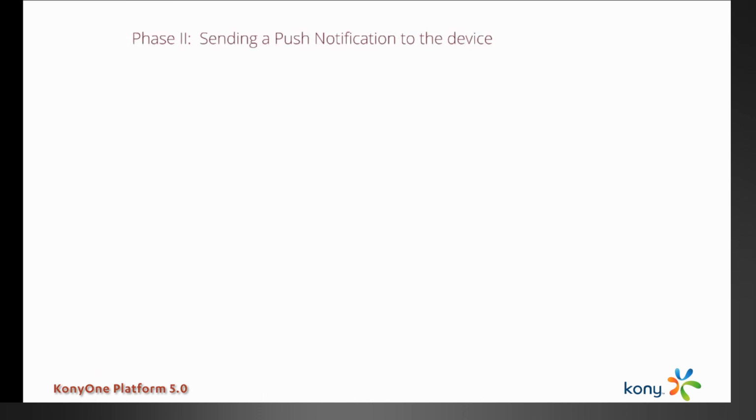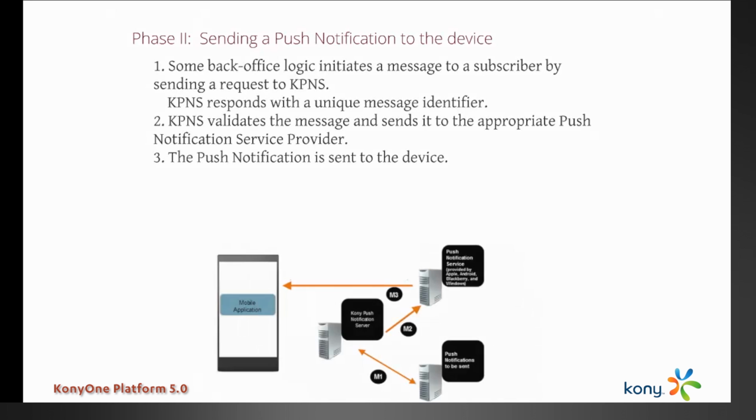Phase 2 is how a push notification reaches the device. The push notification is initiated by a back-office process that determines that a message needs to be sent to the device. The sending process formats a request to send it to KPNS. Upon receipt, KPNS returns with a unique message identifier that can be used to query the status of the push notification.